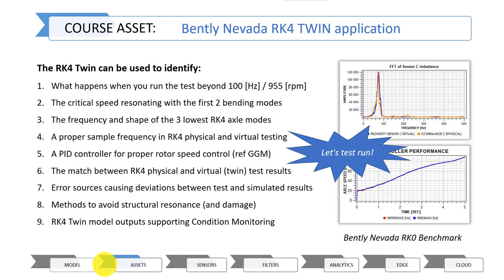And then I can use it to compare and evaluate methods to avoid structural resonance and damage in a driveline. And last but not least, I want to teach the students about critical speeds and resonances in rotating systems and why they are dangerous. And of course, this is a case in my course demonstrating condition monitoring.